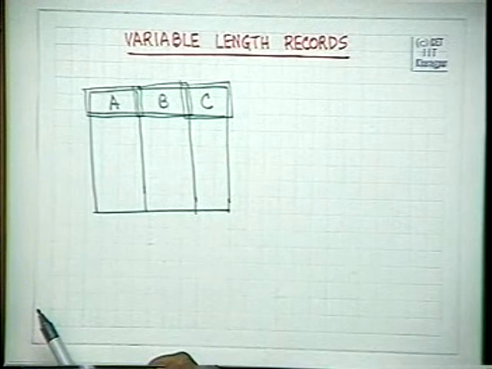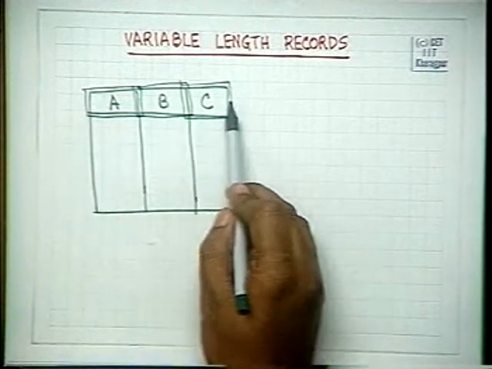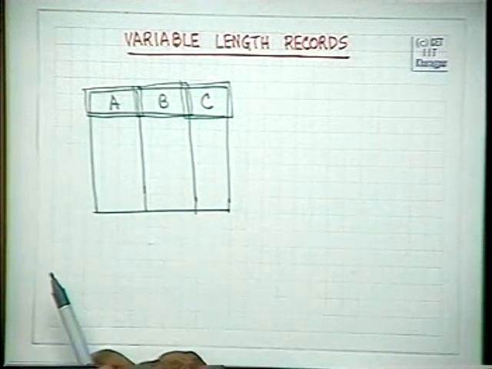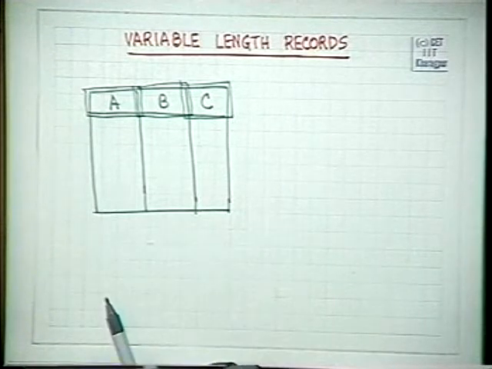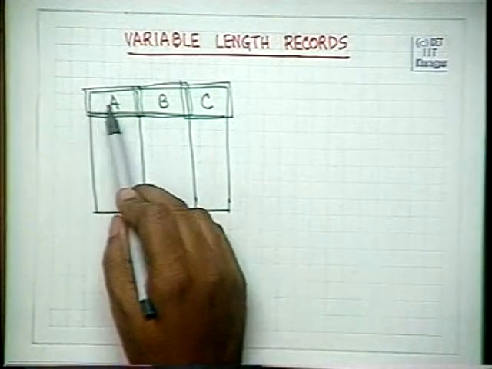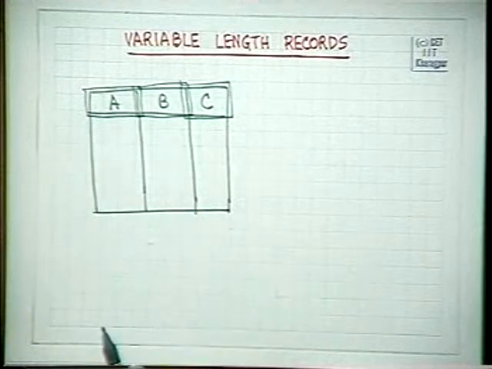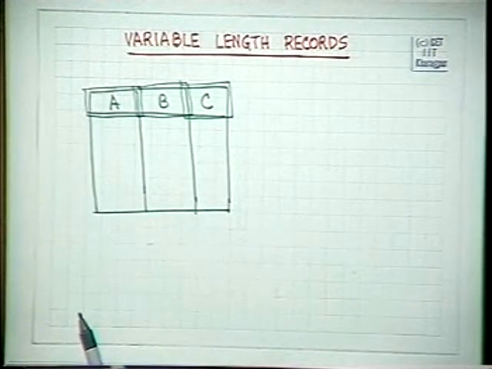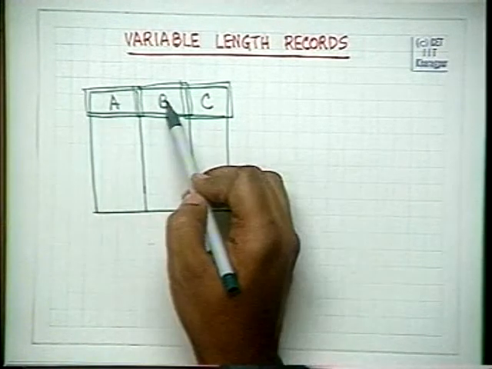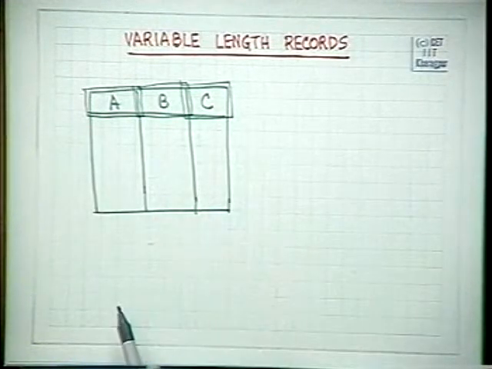In that situation, because maybe this single record is a bit too big to store in a particular block, we will have to have what are called variable records. This is the first record, this is the second record, and this is the third record.